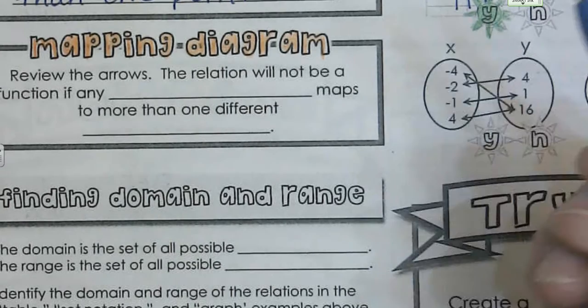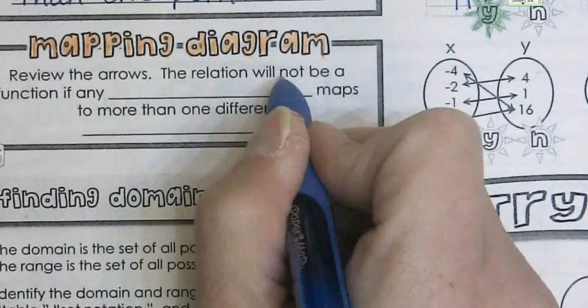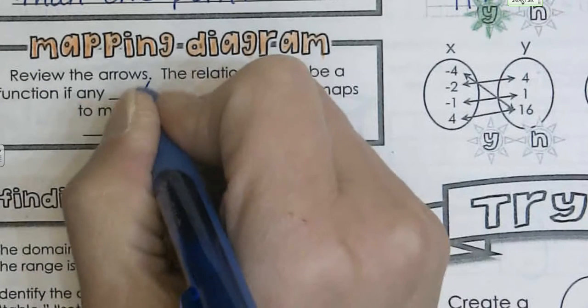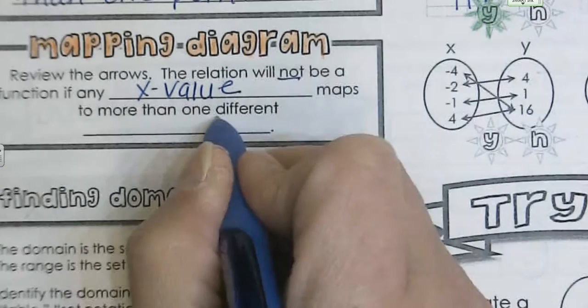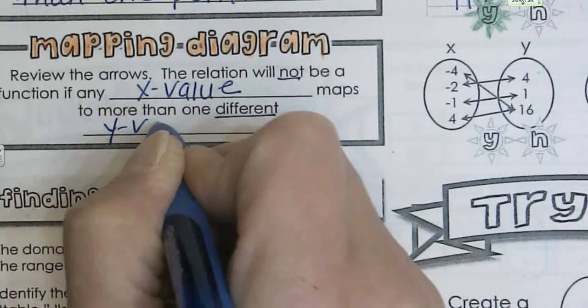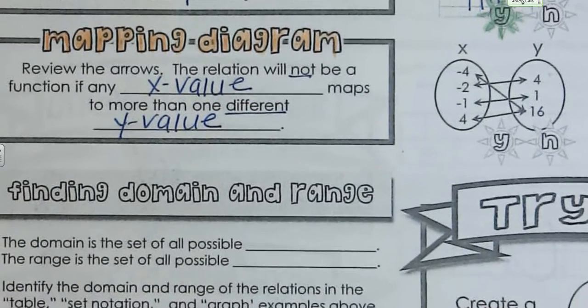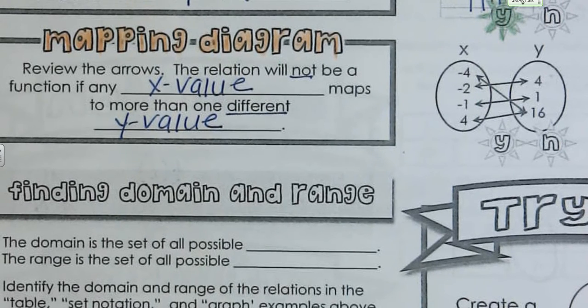The relation will not be a function if any x value maps to more than one different y value.